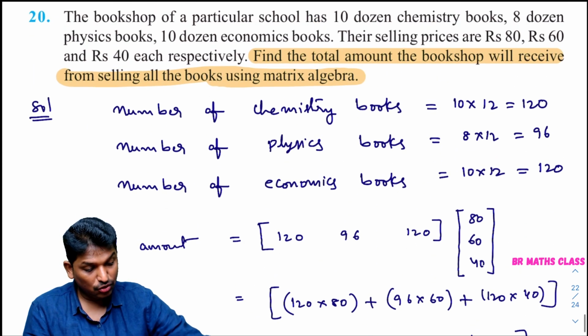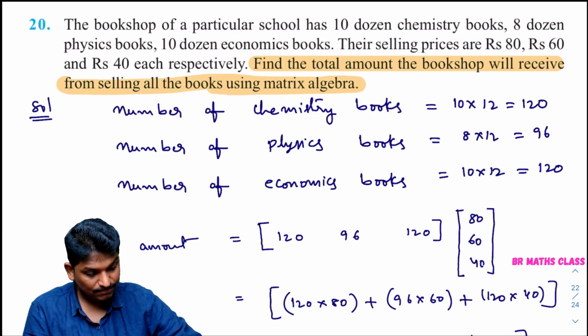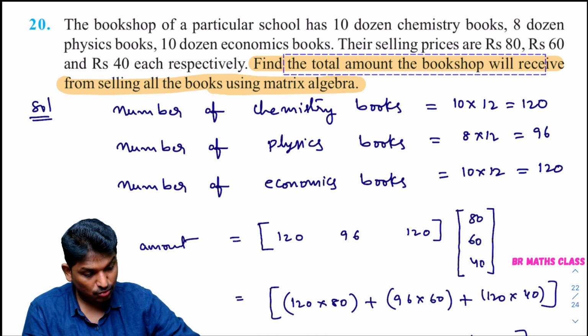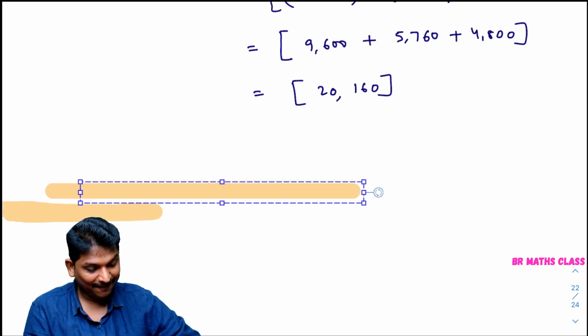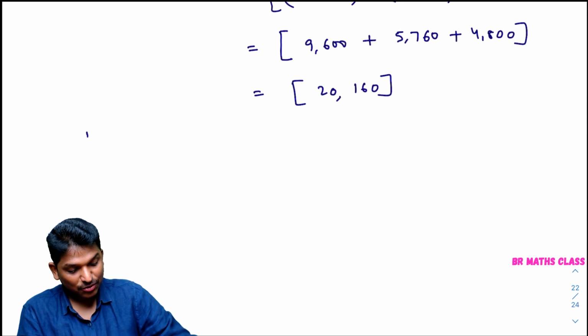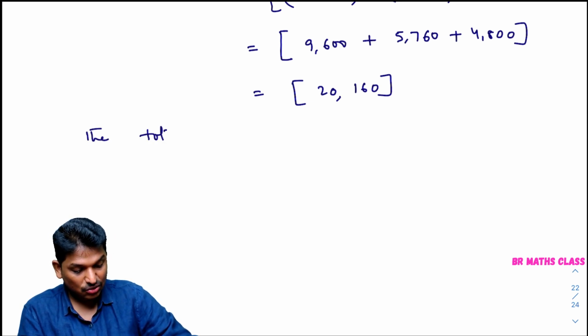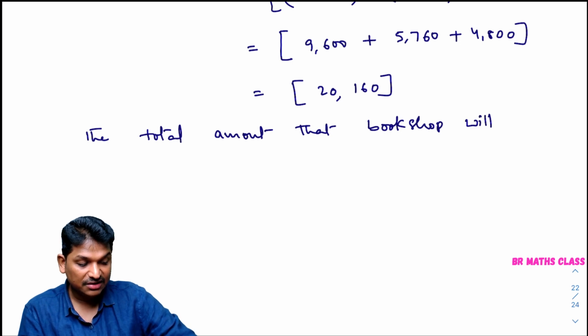So the total amount that the bookshop will receive is 20,160 rupees.